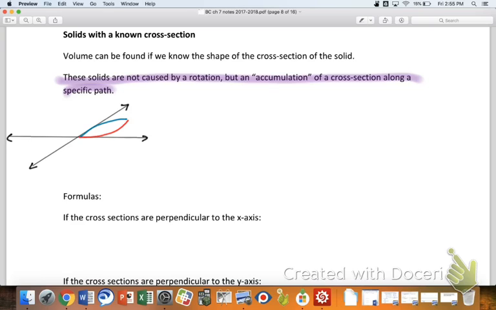If my cross-sections were perpendicular to the x-axis, and maybe my cross-sections would be rectangles. Do you see my attempt to make that come right out of the page, or grow up and out of the top of the region?